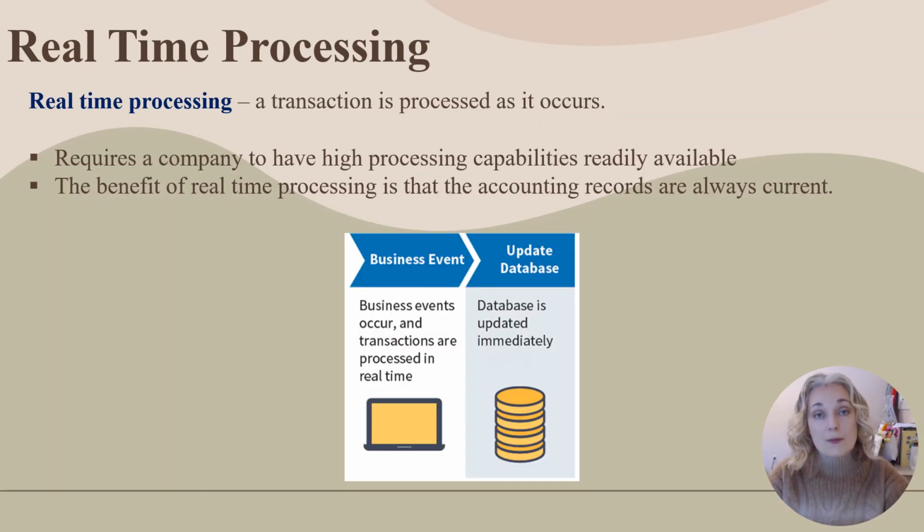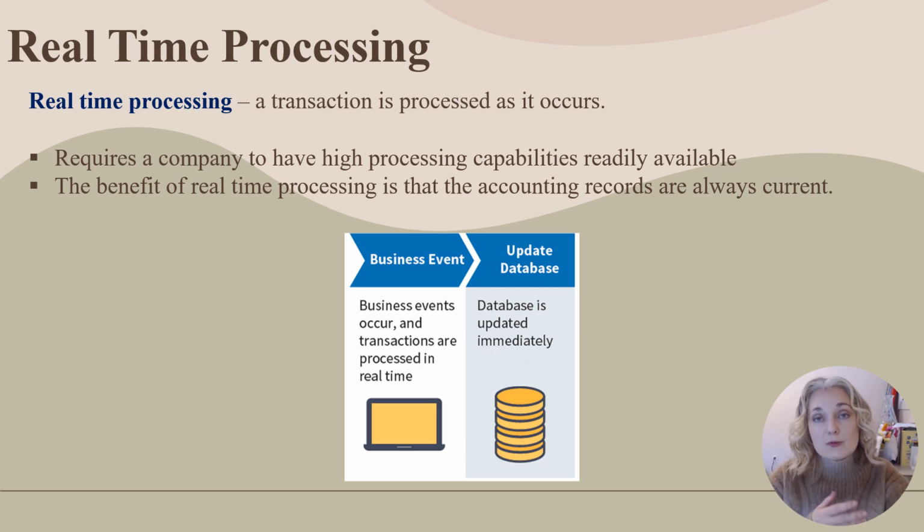The other option for processing data is real-time processing. And in this type of system, a transaction is processed immediately once it occurs. This requires a company to have high processing capabilities because there's constant transactions occurring. And the benefit of real-time processing is that you have current and updated accounting records at all times.